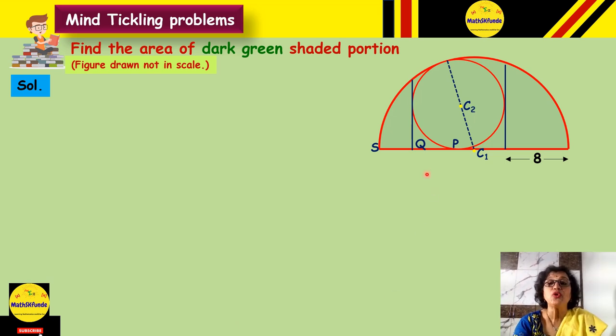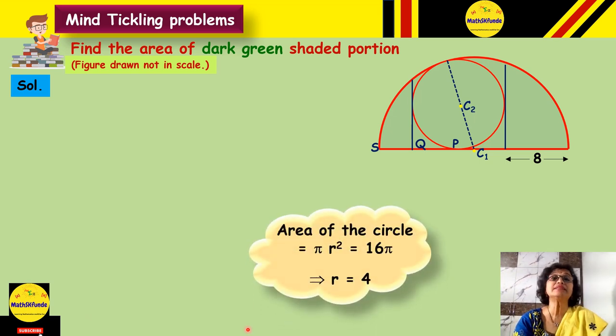Now Q is the foot of another tangent drawn, which is parallel to the given tangent. And S is the other end of the diameter. Now we are given the area of the circle, which is 16 pi. And we know the formula for the area of a circle, pi r square. So that leads to r equal to 4.